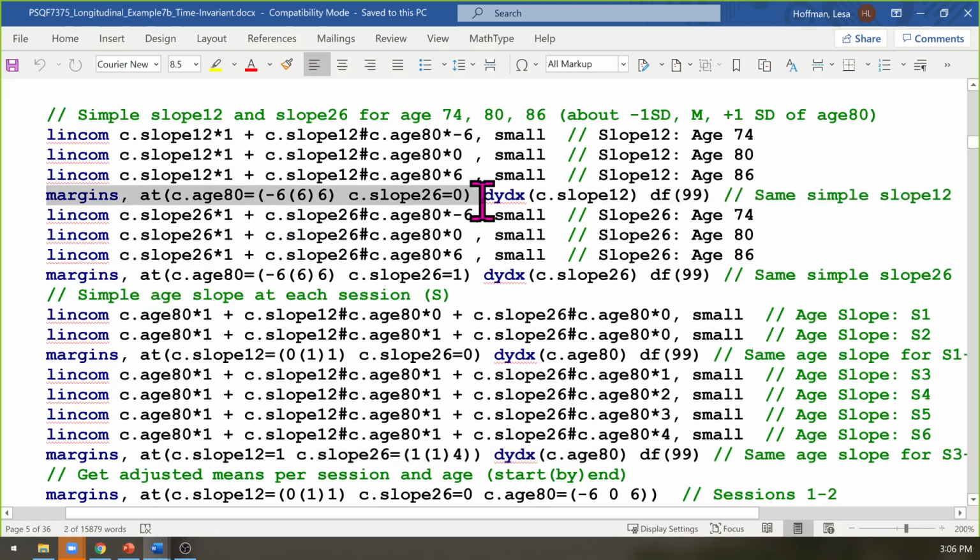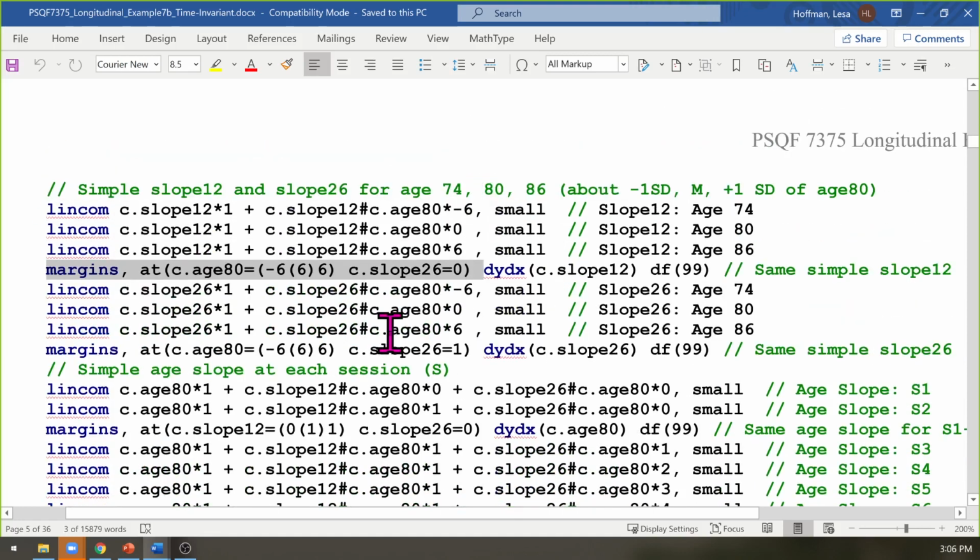Okay, this one right here? Yes. Okay, what's the question? So C slope 26 equals 0, and then C slope 12. Mm-hmm. And then the next margins, you've got C slope 26 equals 1, C slope 26. Yes. I'm just confused about the pattern there.